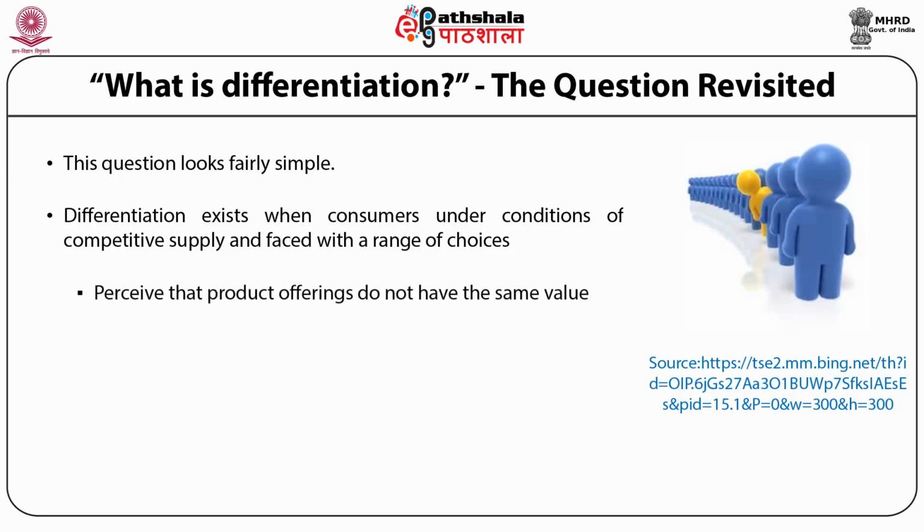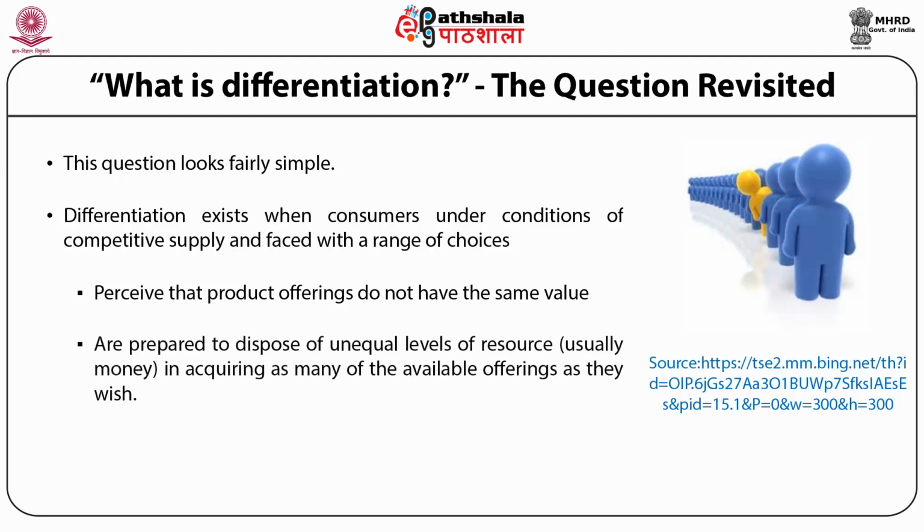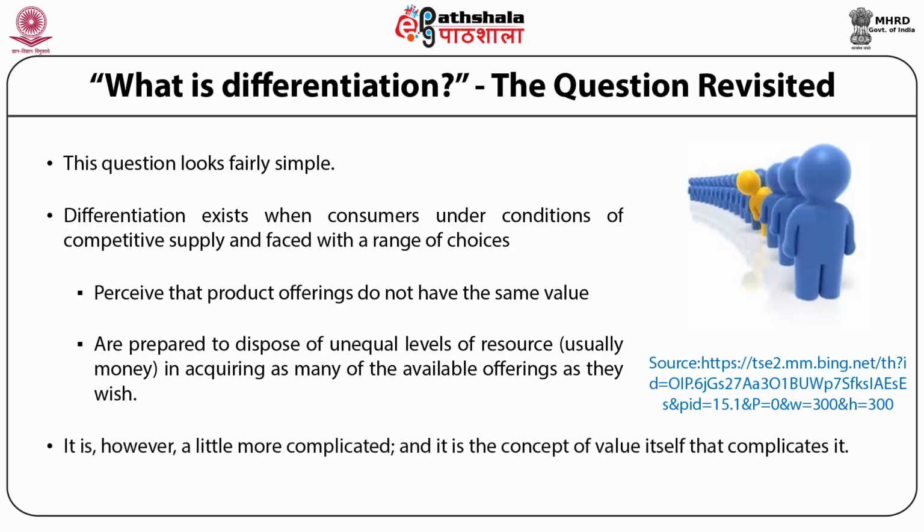They perceive that product offerings do not have the same value, and they are prepared to dispose of unequal levels of resources, especially money, in acquiring as many of the available offerings as they wish. It is, however, a little more complicated, and it is the concept of value itself that complicates it.